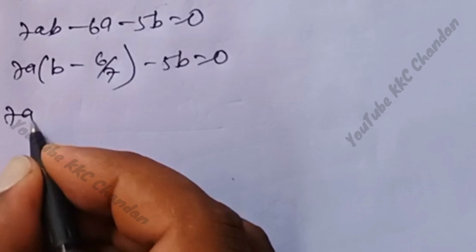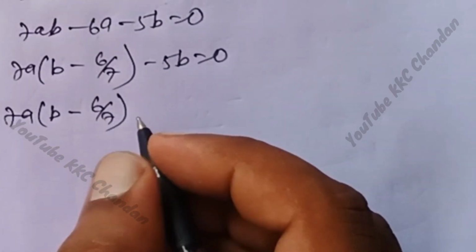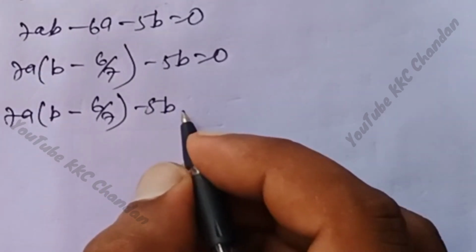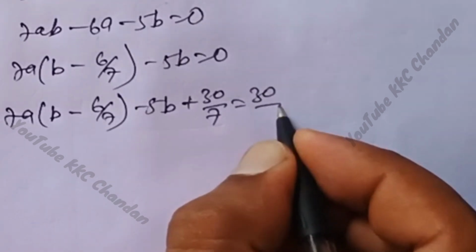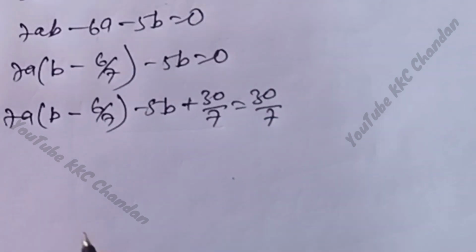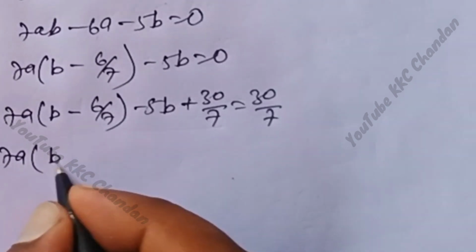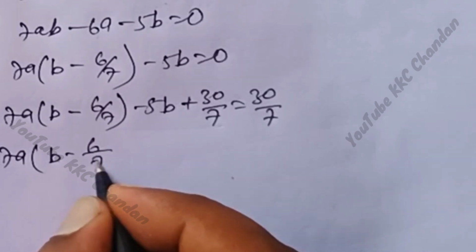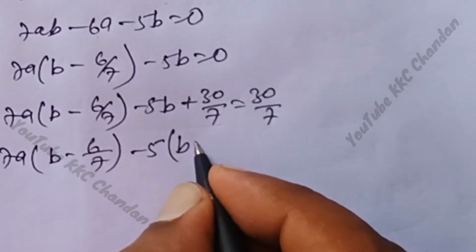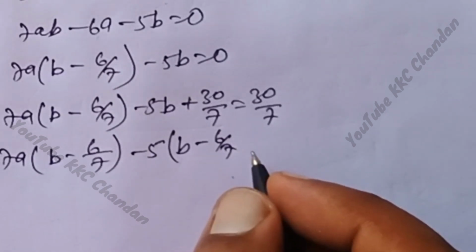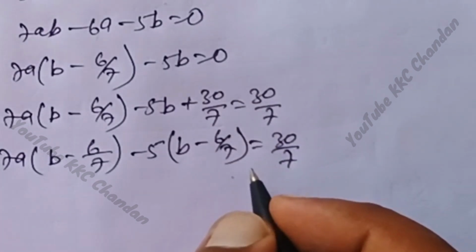After that, 7a into b minus 6 divided by 7 minus 5b plus 30 divided by 7 is equal to 30 divided by 7. After that, 7a into b minus 6 divided by 7, minus 5 into b minus 6 divided by 7, bracket close, is equal to 30 divided by 7.